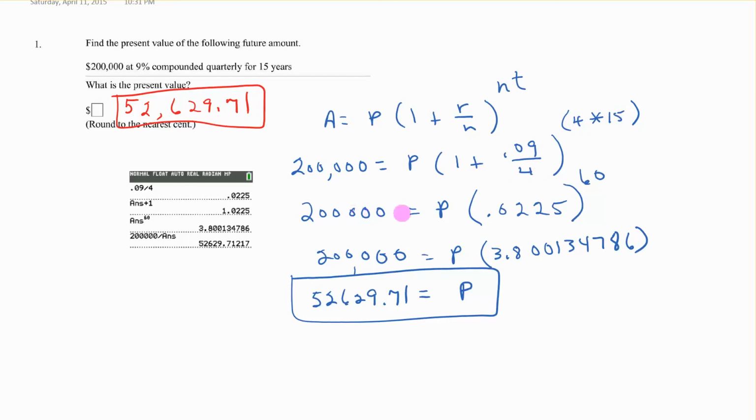So we've got 200,000 equals P times this to the 60th. Go ahead and raise that to the 60th and then divide that over here, and we have 52,629.71. That's the amount that you have to start with in order to end up with 200,000 in 15 years at that percentage rate.